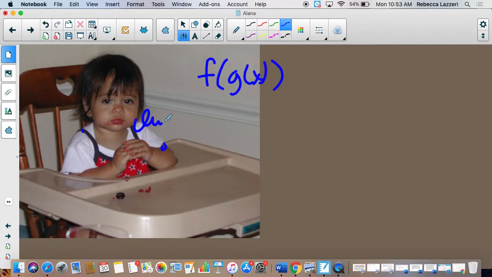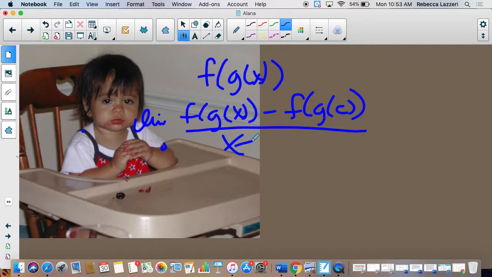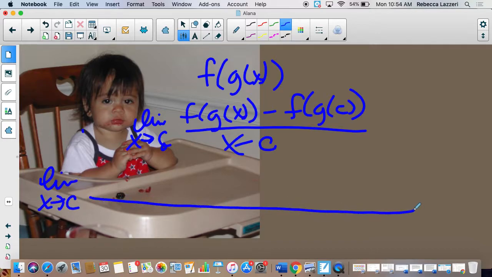So I have the limit of f of g of x minus f of g of c over x minus c as x approaches c. Do y'all remember that alternate form? It could be a or c or whatever. Okay. So now I'm going to introduce something else in here. I add and subtract to where it's sort of a wash.